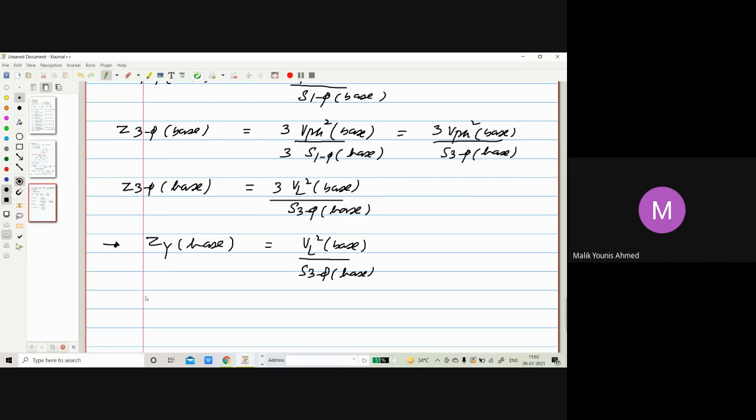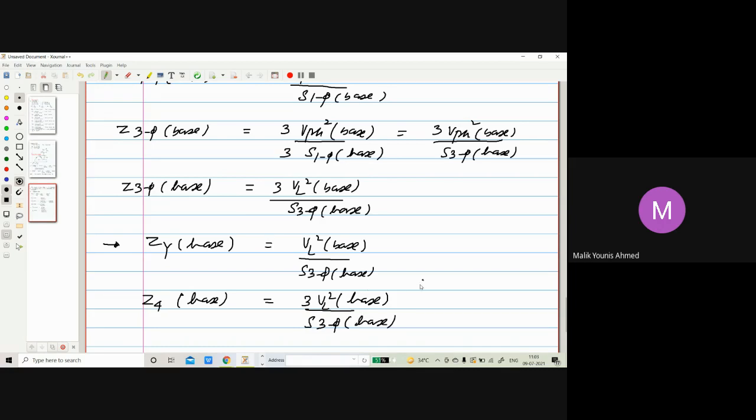Similarly, impedance base for delta is 3 VL square base divided by S three phase base.